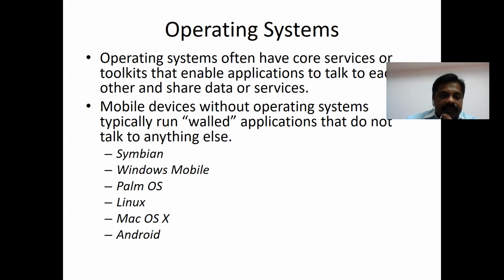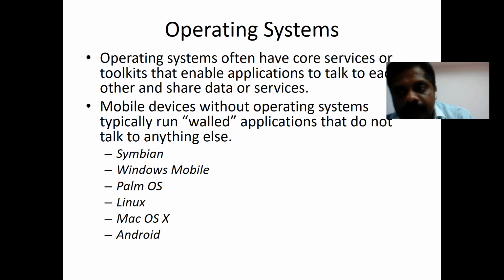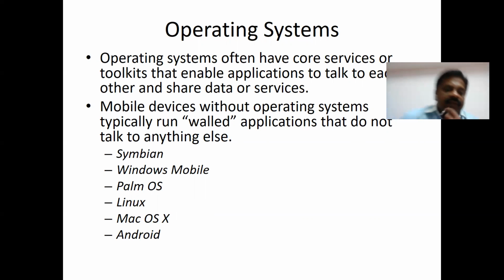Without an operating system. So below are some of the operating systems used in mobiles: Symbian, Windows Mobile, Palm OS, Linux, Mac OS, Android. These are some of the mobile operating systems we are familiar with.